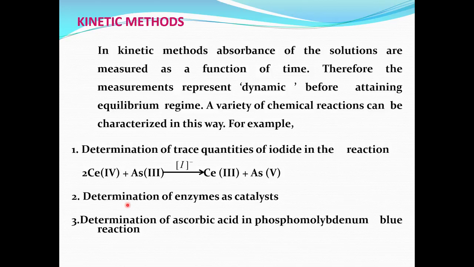Similarly, there are other examples. Several enzymes act as catalysts. So, such reactions can be followed by photometric titrations. Then there is the determination of ascorbic acid in the phosphomolybdenum blue method reaction. All these things are quite simple basically, but you should know the chemistry of the thing.